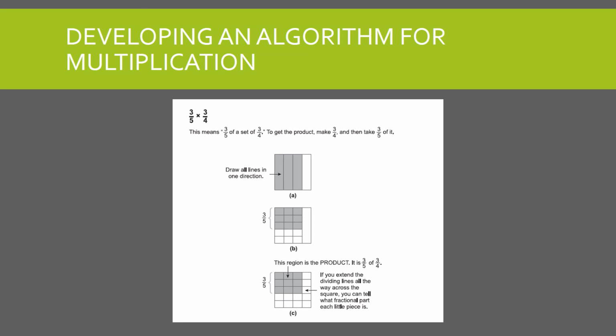So you can see the pictures, and the region where the color overlapped, that's the answer. So it would be 9 out of 20, 9/20ths. And if you multiply straight across, you get that same answer.